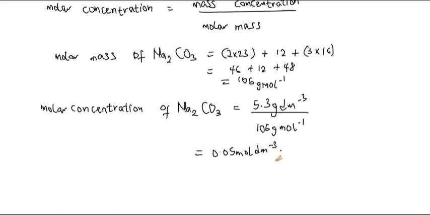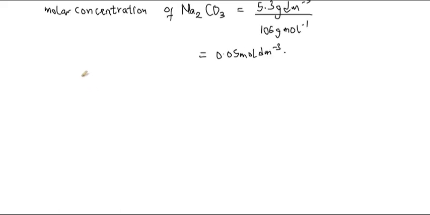So this is just the first part of the question. Don't forget we are still using the formula CAVA over CBVB, which is equal to NA over NB. We've gotten CB, and CA is unknown.